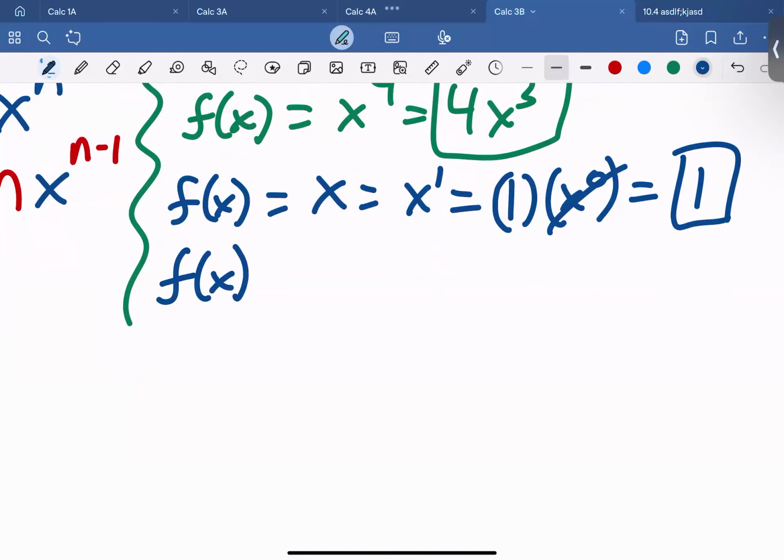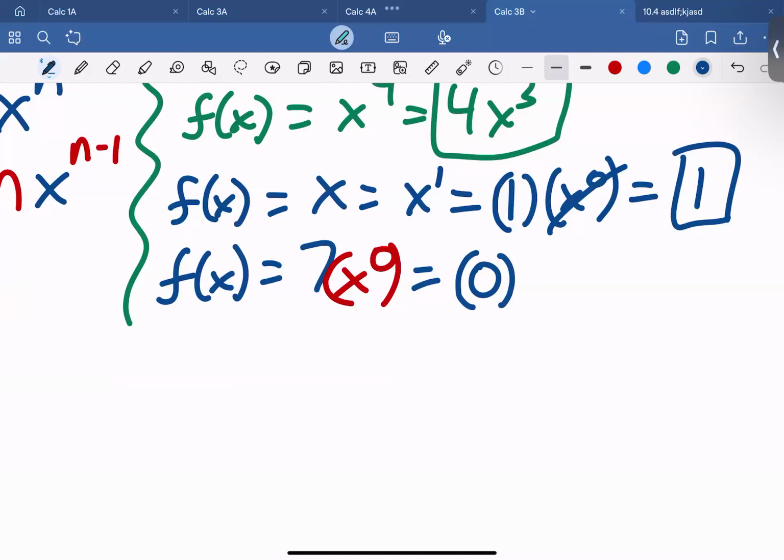What about if I had a 7? The derivative of this, right? Technically, and you guys might hate this, an x to the 0 exists here. So if I know that, I'm going to apply the power rule.